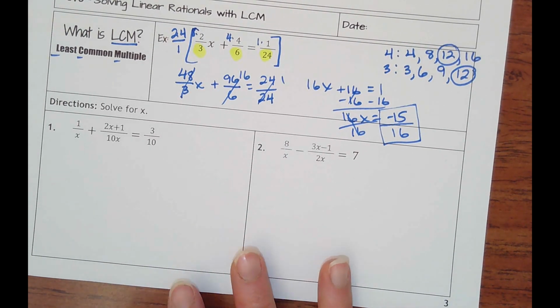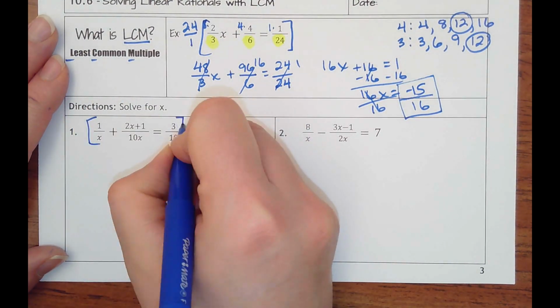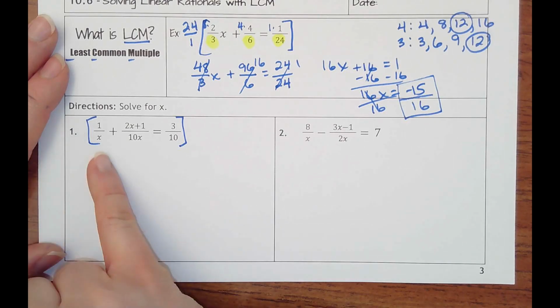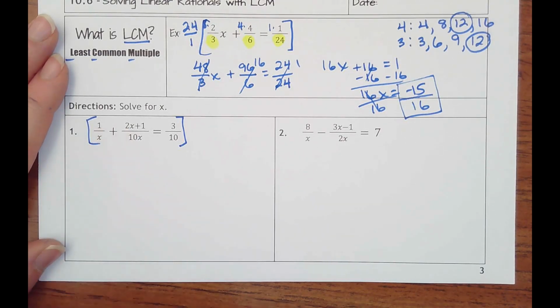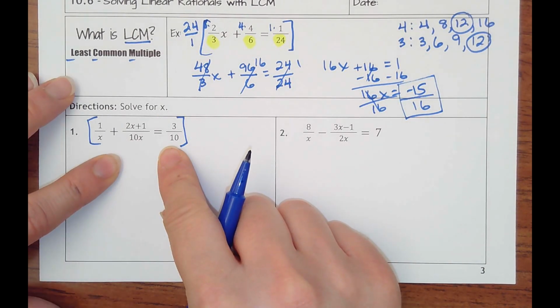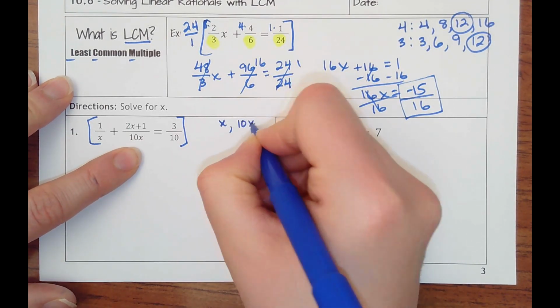Okay, so number 1 just wants us to solve. So instead of dealing with all these fractions, because I would have to try to get a common denominator to put these together and do a proportion, which you could, it's more work. So look at our denominators. We've got an x, we've got a 10x, and a 10.